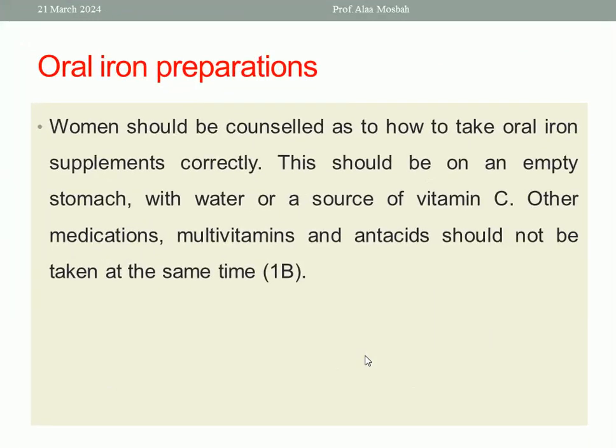Women should be counseled as to how to take oral iron supplements correctly. We should advise her to take it on an empty stomach with water or a source of vitamin C. A source of vitamin C may be lemon juice, for example. She can take the oral iron with lemon juice or with water on an empty stomach.